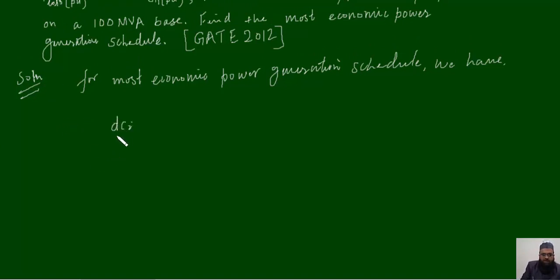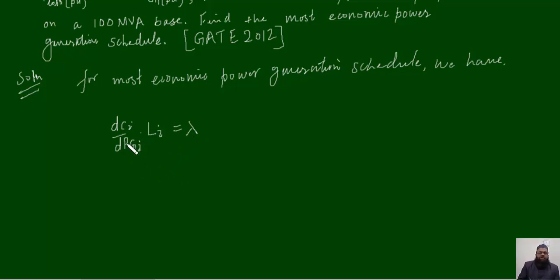What are those? dCi upon dPGi times Li is equal to lambda.